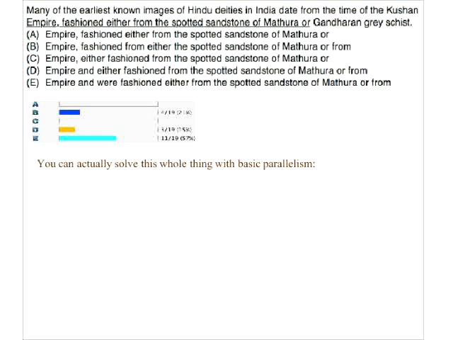So the second clause has either blank or blank. If we call this x and we call this y, then x and y have to match. I mean, you can actually use that to solve the whole big thing. So let's take a look.